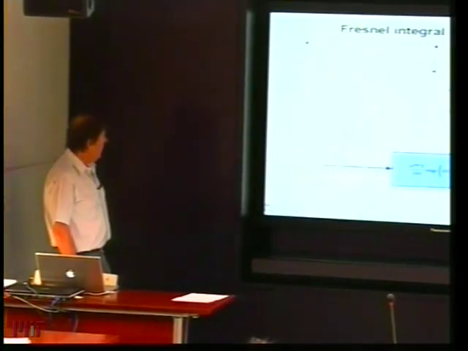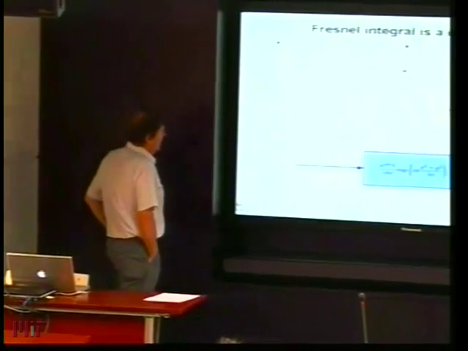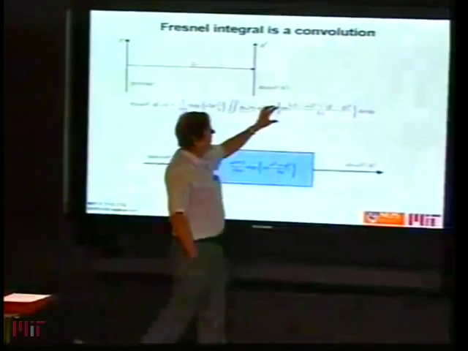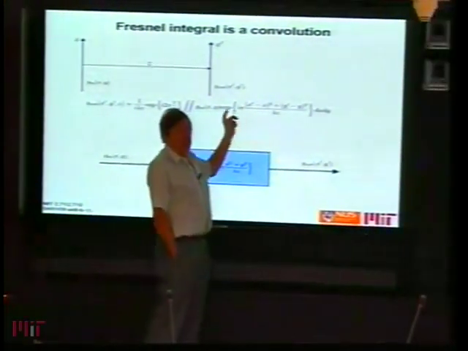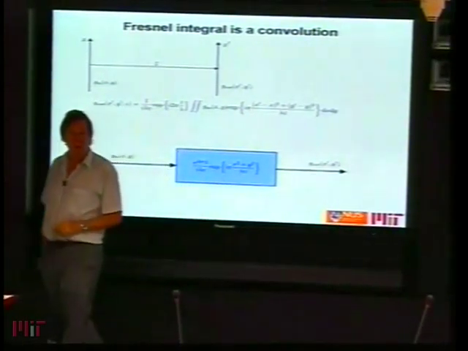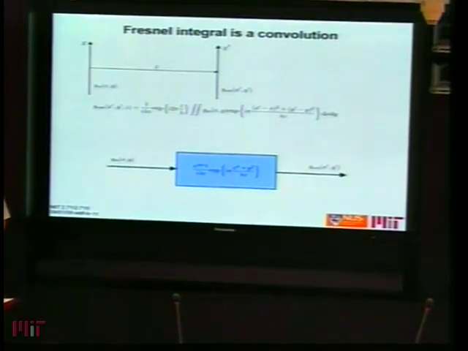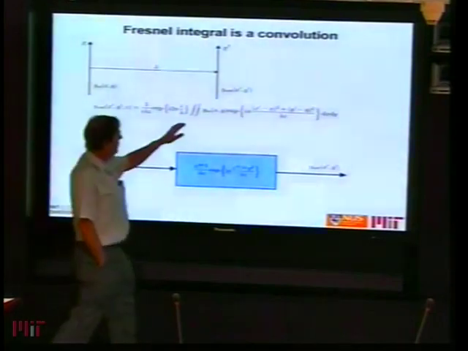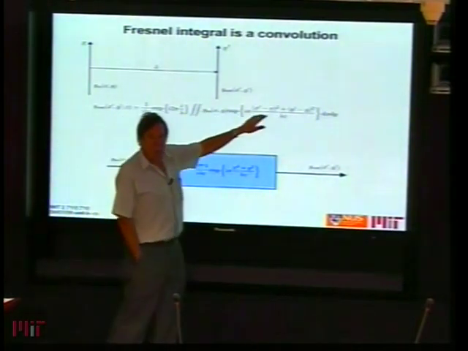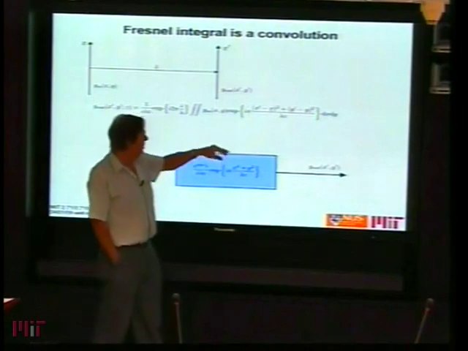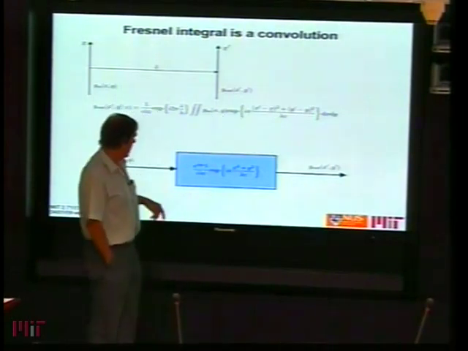This is just pointing out that the expression we've just written down has exactly the form of a convolution. So that's a very important result. A convolution, of course, means it's space invariant. It means that what goes in is convolved with something which is independent of the coordinates.